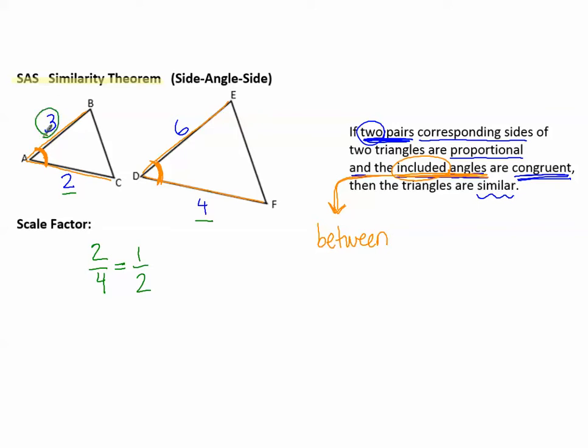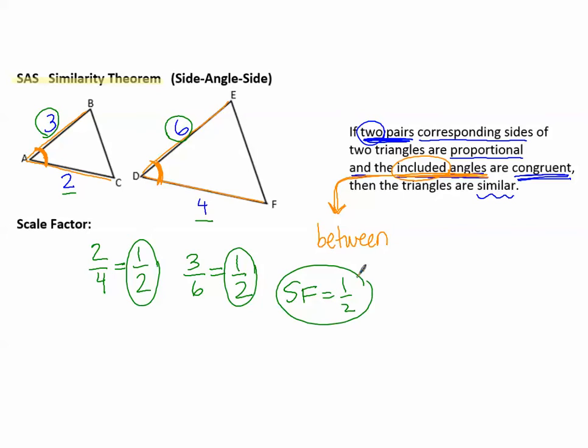And the bigger side with the bigger side, 3 over 6, also reduces to 1/2. Because these ratios are the same, those sides are proportional, and those ratios give us the scale factor. The scale factor is 1/2. These triangles are similar by the SAS Similarity Theorem.